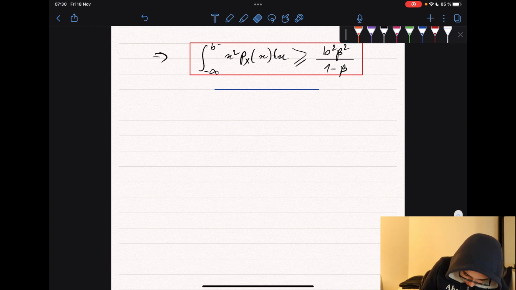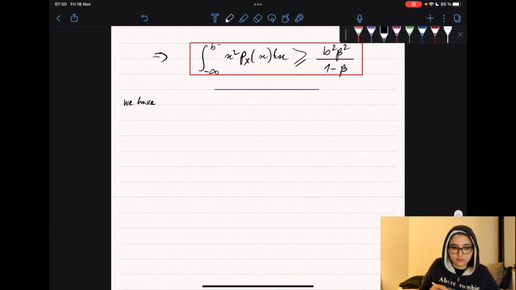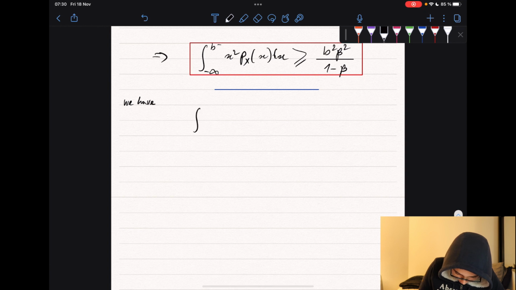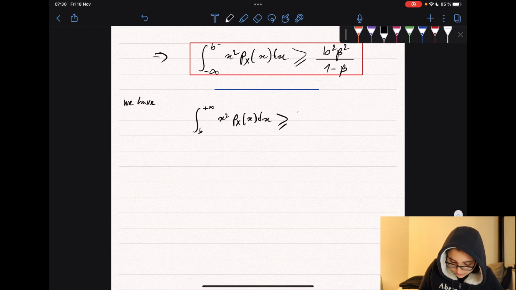So we have shown the following two equations. From b, the integral from b squared to plus infinity of x squared p of x dx has as a lower bound b squared beta, and what we have just proven here is the other inequality.